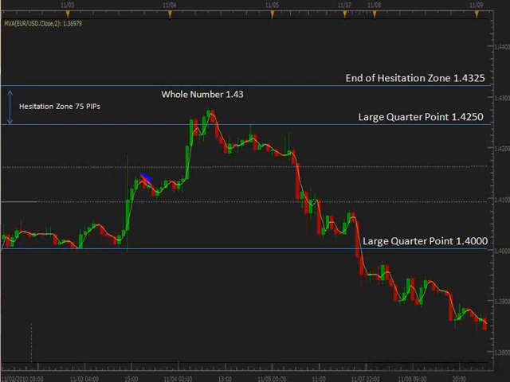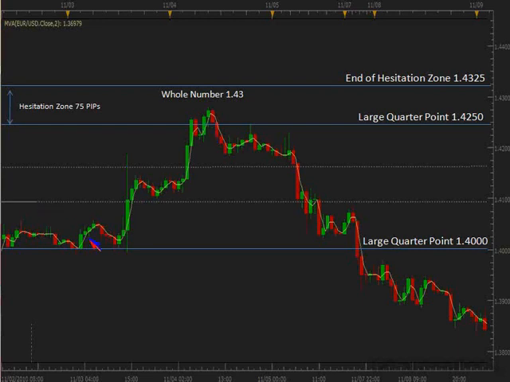And if it breaks above them, then that creates an opportunity for what I call a completion of a large quarter, or a large quarter move, which would start from the large quarter point of $1.40 and potentially target the large quarter point above $1.40, which is $1.4250. This is obviously a very important large quarter because it's the first large quarter of the new 1,000 pip range.